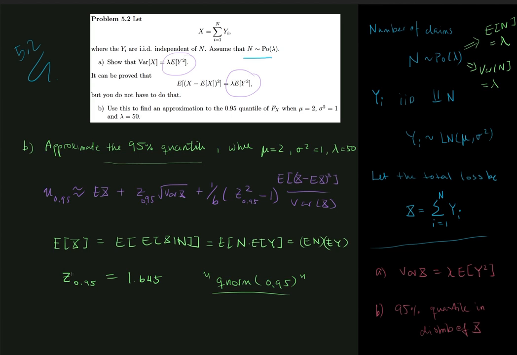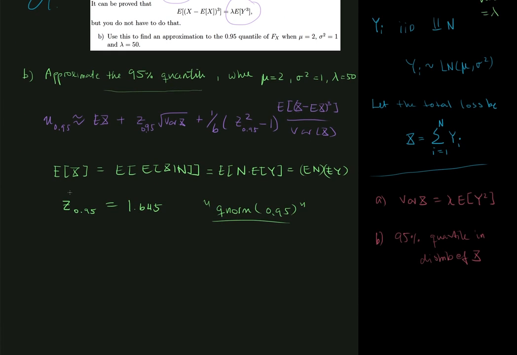So we have this, we have this, we have this, we have this. Now we should probably also try and find some numerical values for the mean of y, the mean of y squared, and the mean of y to the third, so for the different moments. So let's start by writing up the general expression for the kth moment in a log normal distribution. If y is log normally distributed, then its kth moment is equal to e to the k mu plus a half k squared sigma squared.